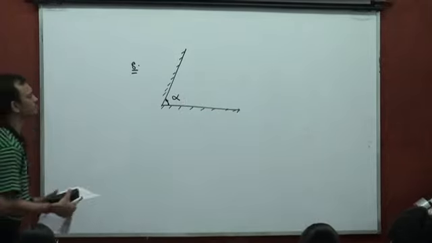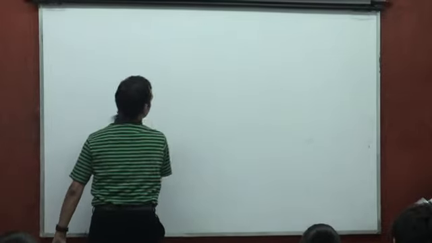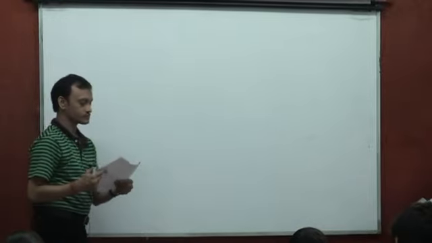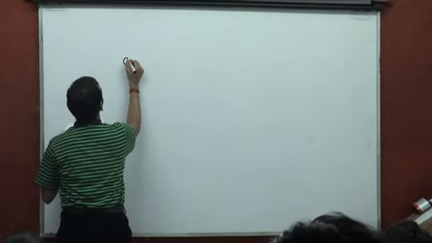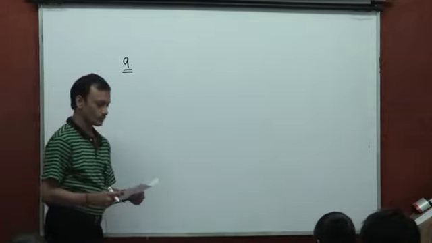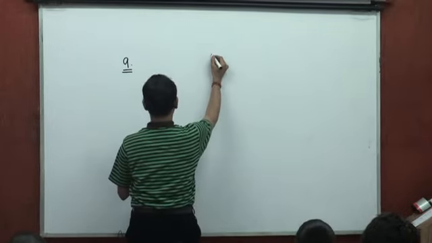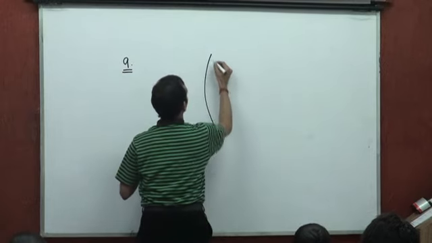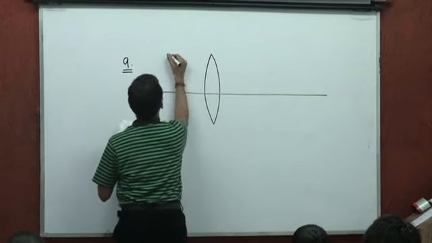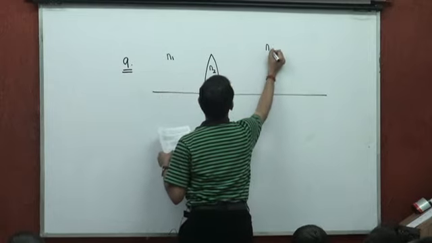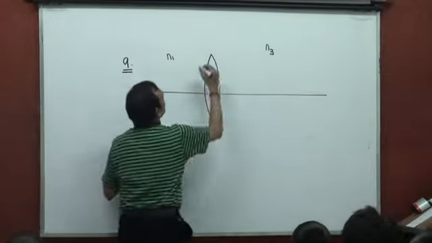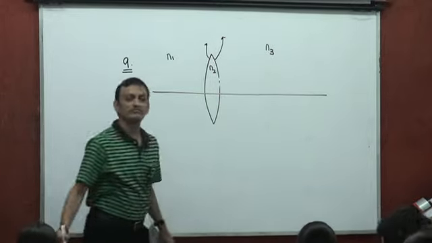So far so good, right? There is an equiconvex lens, let's say, that means the radius of curvature of both the refracting surfaces is the same.